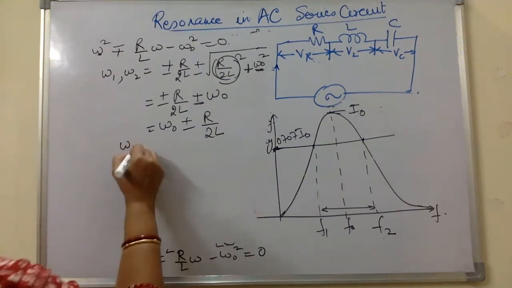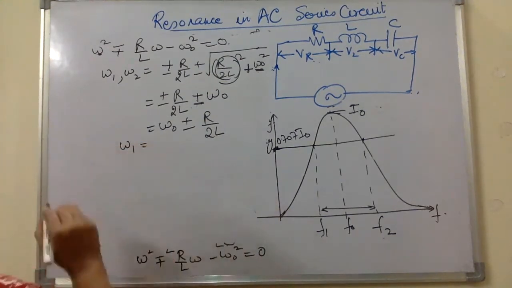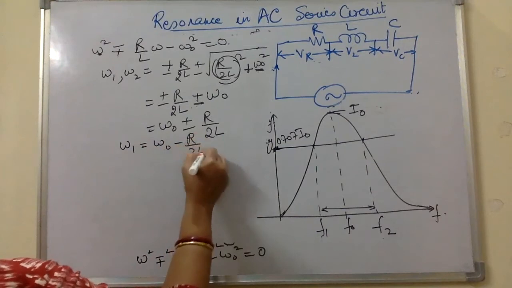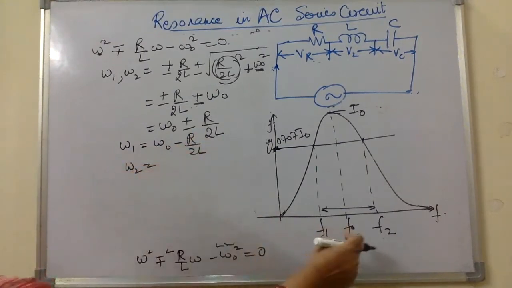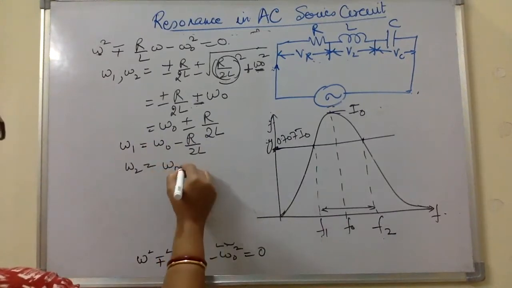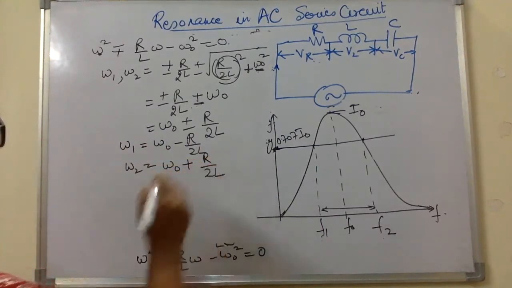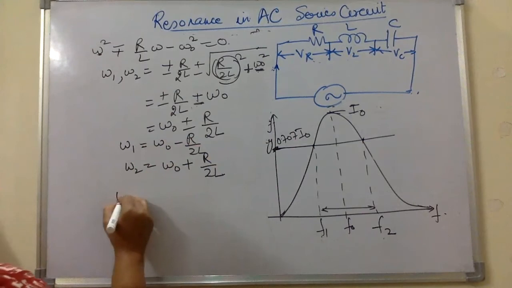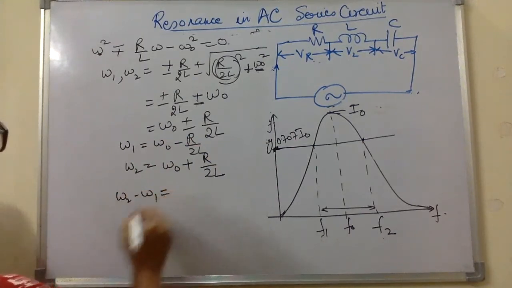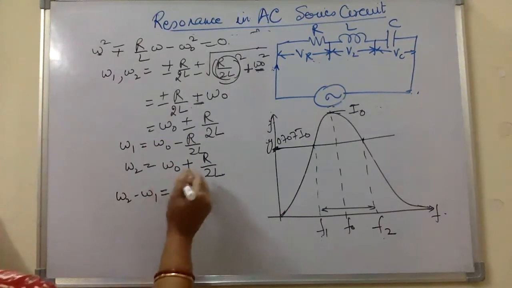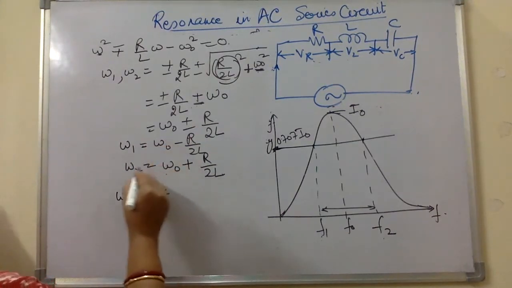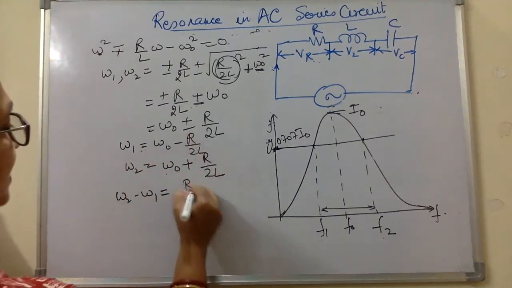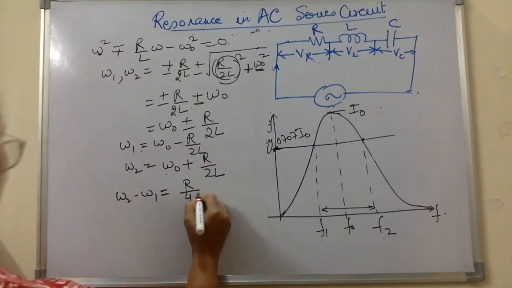This means omega 1, which corresponds to the lower half power frequency, will be equal to omega 0 minus R by 2L, and omega 2 corresponding to the upper half power frequency will be omega 0 plus R by 2L. So when you subtract the two, omega 2 minus omega 1, you will be left with R by 2L plus R by 2L. This means it will be R by L.